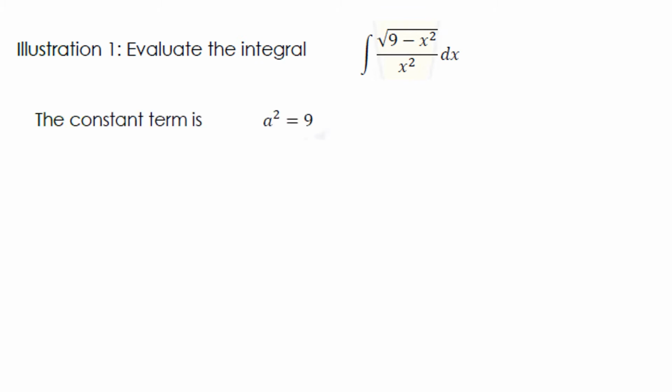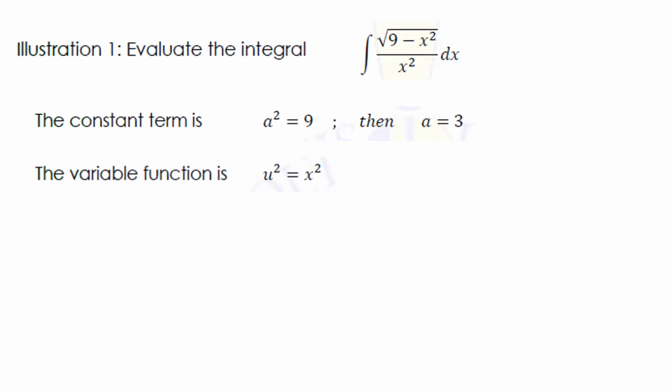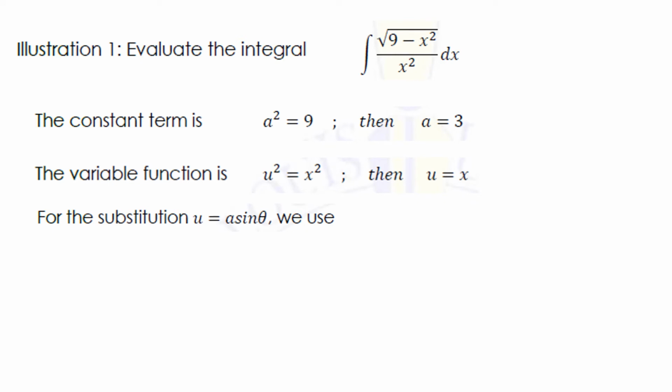The constant term in this integral is a squared equals 9, so a is equal to 3. The variable function is u squared equals x squared, so u is equal to x. For the substitution u equals a sine theta, we use x equals 3 sine theta. Taking the differential, it becomes 3 cosine theta d theta.